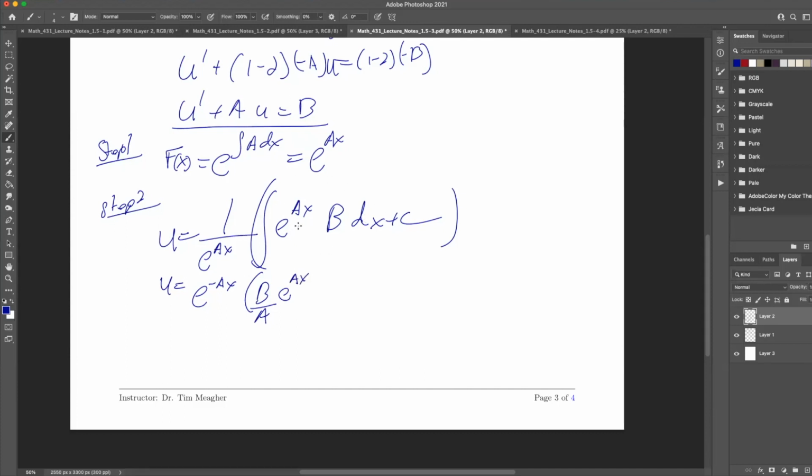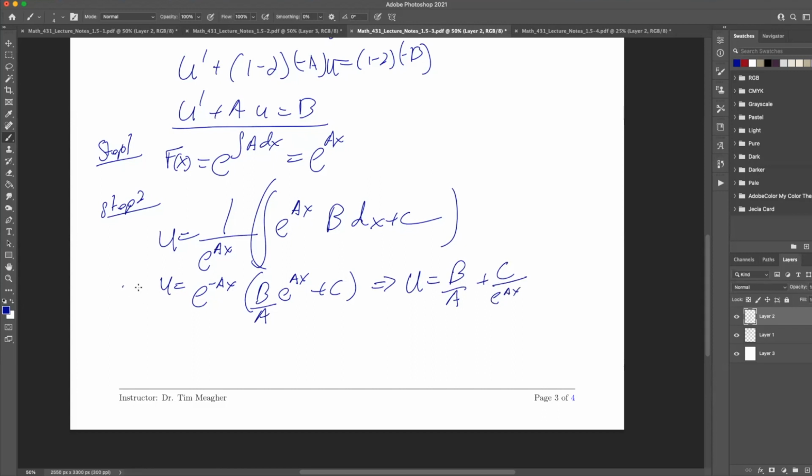If I integrate this, I just divide by a, plus c. And so this implies u equals b over a, this cancels, plus c over e to the ax.